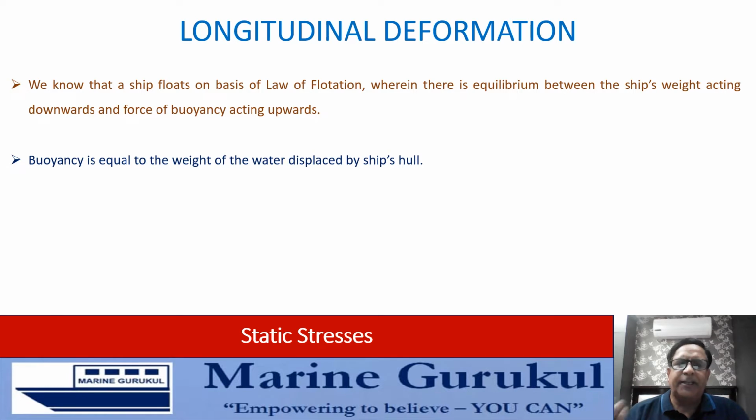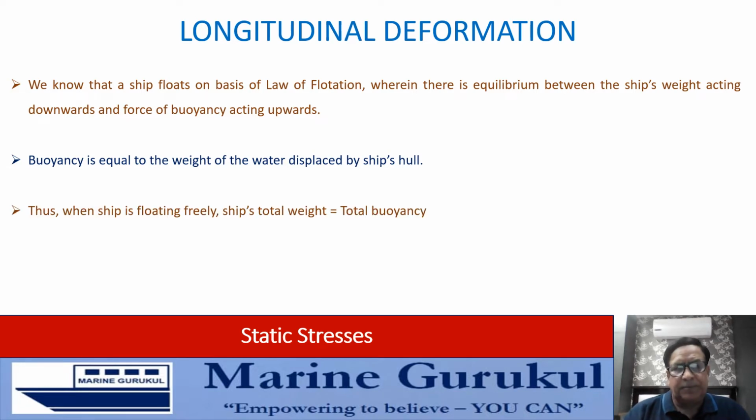Needless to say, the buoyancy has to be equal to the weight of the ship. And what is buoyancy equal to? Buoyancy is equal to the weight of the water displaced by the ship's underwater hull. Thus, when the ship is floating free, the ship's total weight, that is her displacement, is equal to the total buoyancy experienced by the ship.